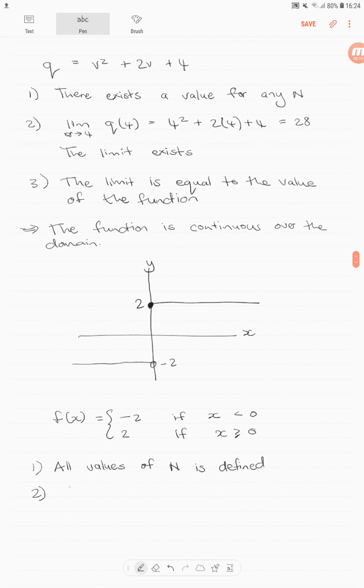But the limit as x approaches 0 from the left is equal to -2, because we're in this domain. So from the left, from negative values, it approaches -2. And the limit as x approaches 0 from the right hand side, from positive values, it is equal to +2. So the limit exists.